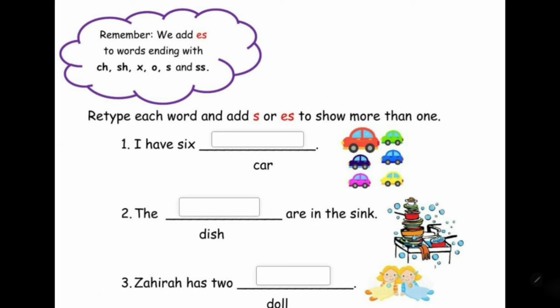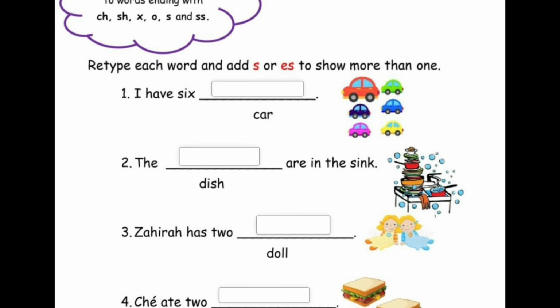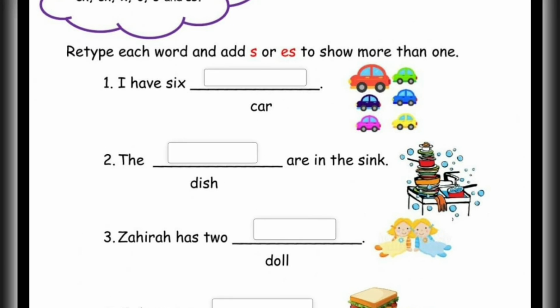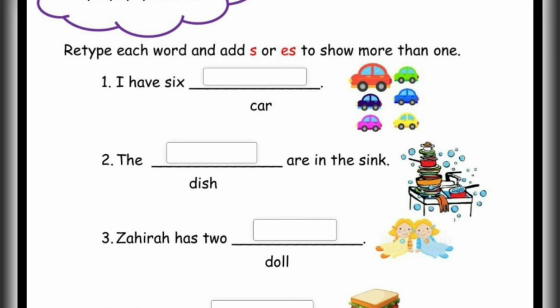Now coming to the worksheet. Retype each word and add s or es to show more than one. Here it's written car. I have 6. How many? There are many cars. So we are going to write here cars.